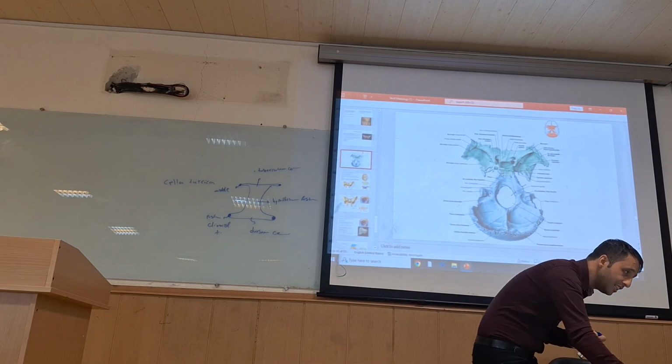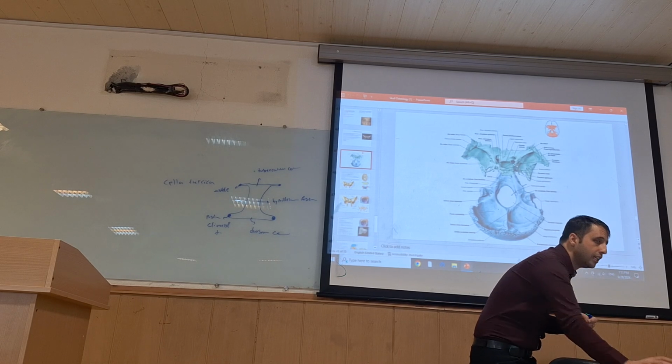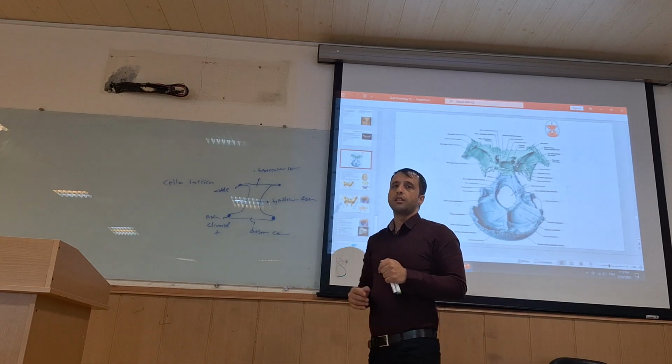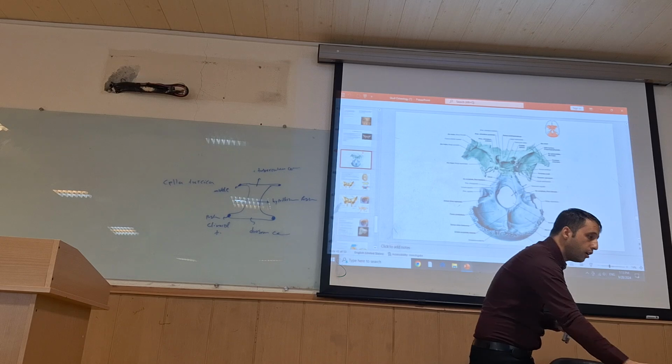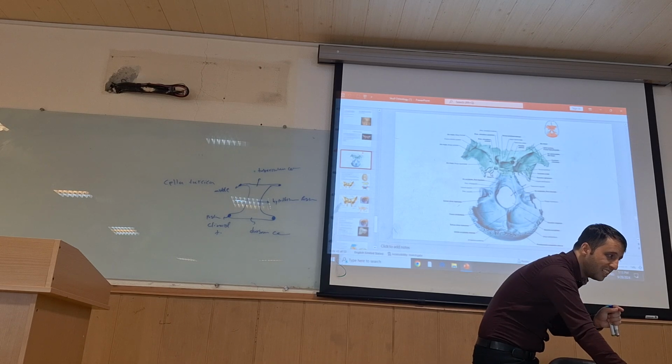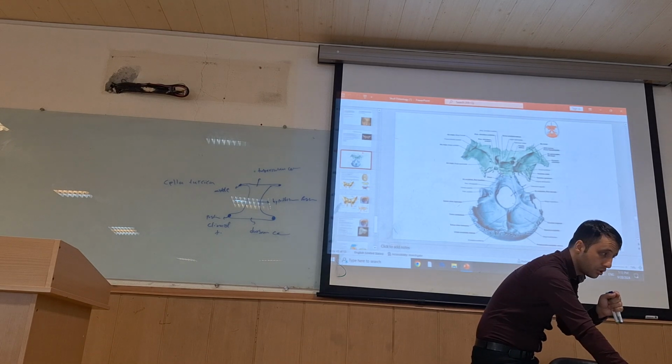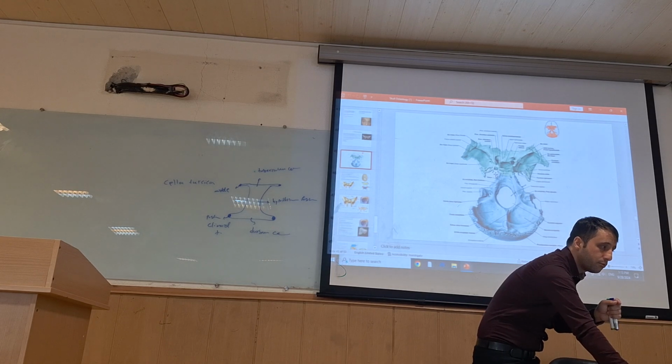Okay? At the lateral surface, look at here, I can see a groove here and here. It is named the carotid groove because, if you remember, I said that the apex of the petrous part attached to this area. Yes? This site is the site of attaching the apex of the petrous part.